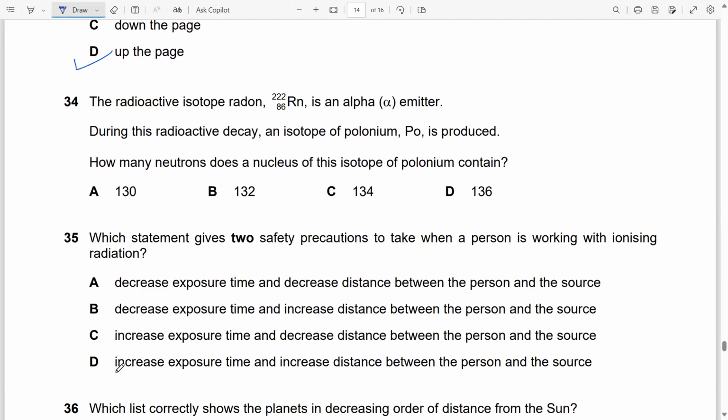Question 34. The radioactive isotope radon 222, 86, is an alpha emitter. During this radioactive decay, an isotope of polonium is formed. How many neutrons does the nucleus of this isotope of polonium contain? We know that in alpha decay, atomic number decreases by 2 and mass number decreases by 4.